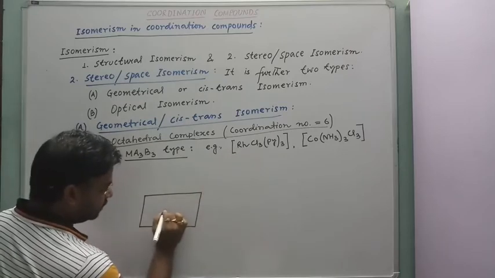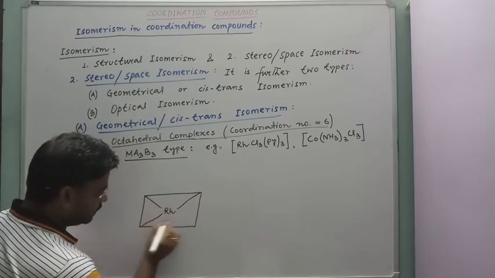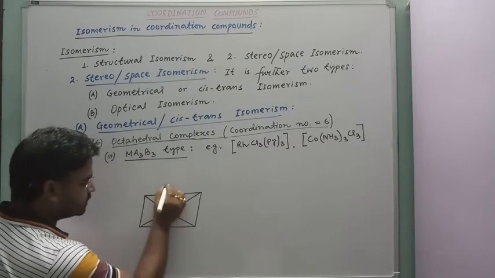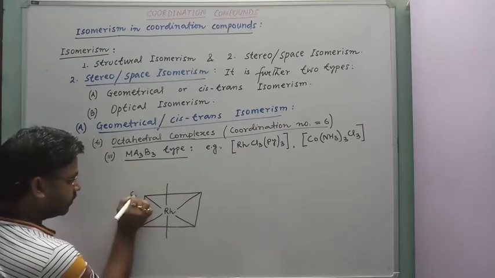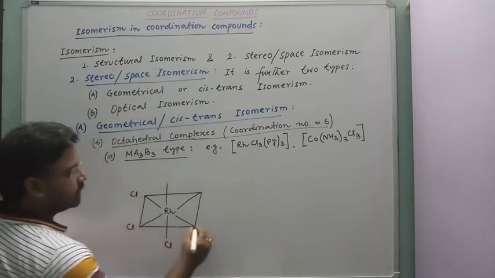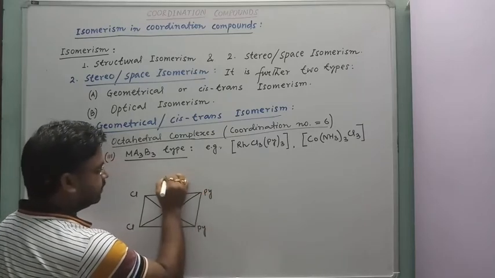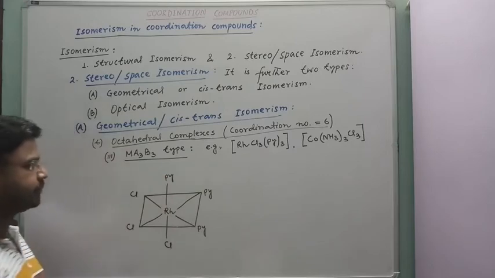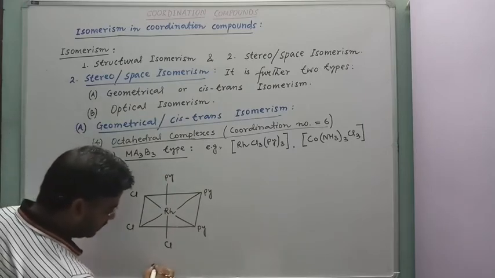Say rhodium, 2 3 4 5 6. Cl3: chlorine, chlorine, chlorine. Py: pyridine, pyridine, pyridine. So this is cis isomer.